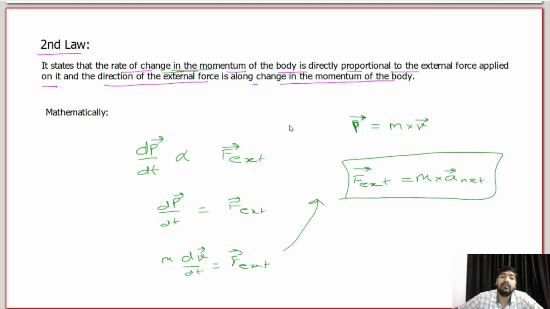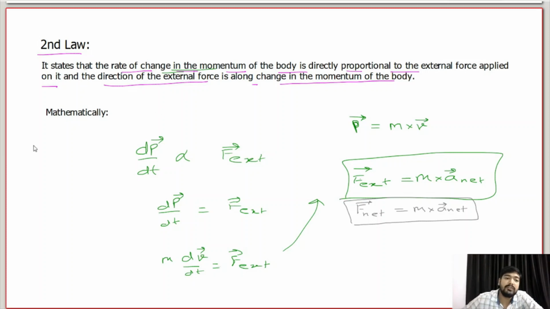And from here we got the definition of force. From now I will not write external. I will take the net force equals mass into the net acceleration. That means the net force applied on the body will give the net acceleration to the body. Okay, from now I will use this.